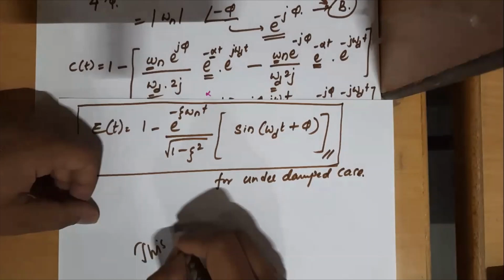So this is it, and how can we cross verify? We'll choose the undamped case.